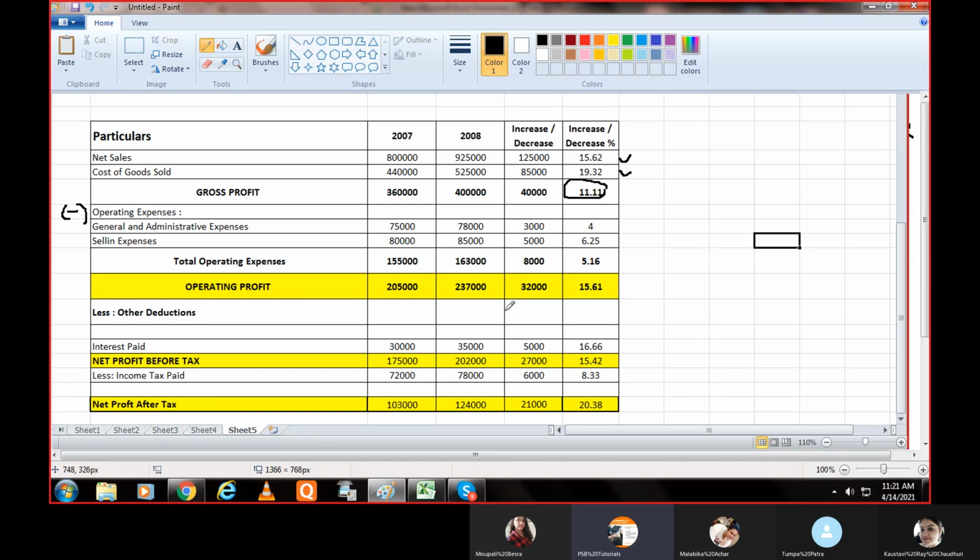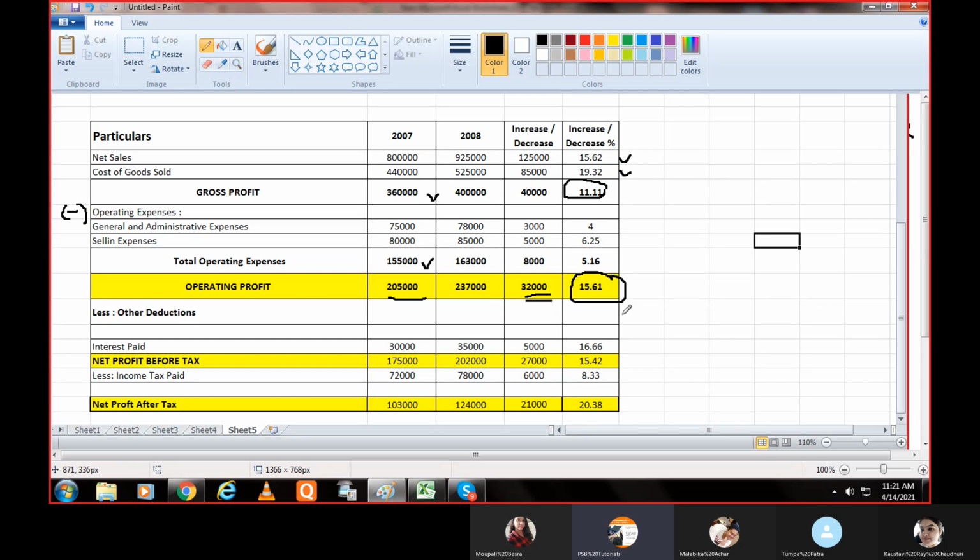So now we observe that the operating profit is gross profit minus total operating expenses, that we got is 2 lakh 5,000 and 2 lakh 37,000. So there we find that there's an increase in the overall operating profit, right? We observe that there's an increase in the overall operating profit by 32,000 and the percentage rise is 15.61%.